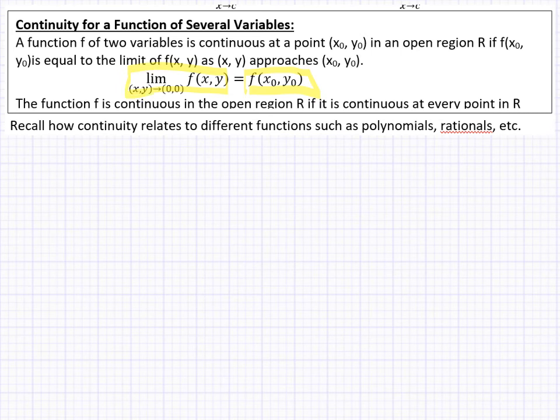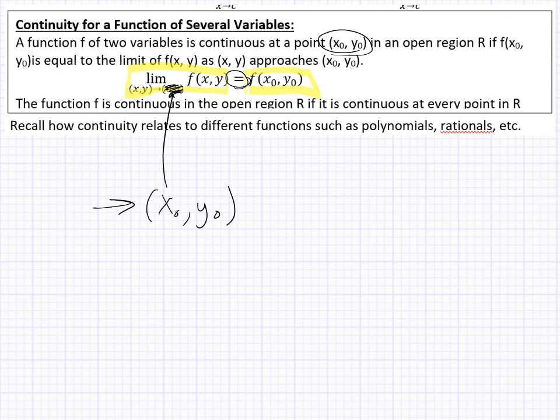And this, let's fix this. This here should be x sub 0, y sub 0. That's what you're approaching. You're not approaching 0, 0 necessarily. You're approaching x sub 0, y sub 0. Anyway, the limit has to exist. And thirdly, those 2 things have to equal each other. And that'll show you that essentially you have continuity at a particular point, x sub 0, y sub 0, for a given function. So all three things have to happen.